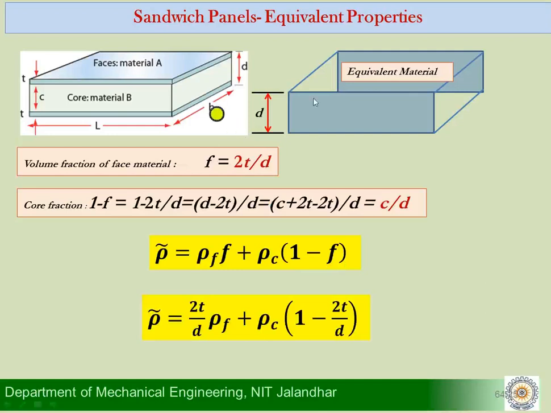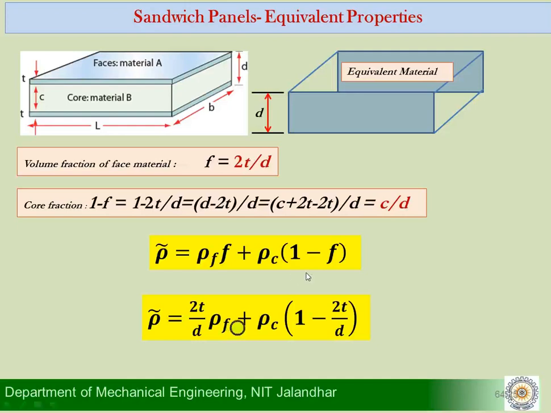And writing it in terms of the dimensions of the sandwich here, I can write rho bar, that is the density of the sandwich panel that you are seeing here, as 2t upon d into rho f plus rho c into 1 minus 2t upon d. We have just substituted the value of f here as 2t upon d. So we will be making use of this expression.